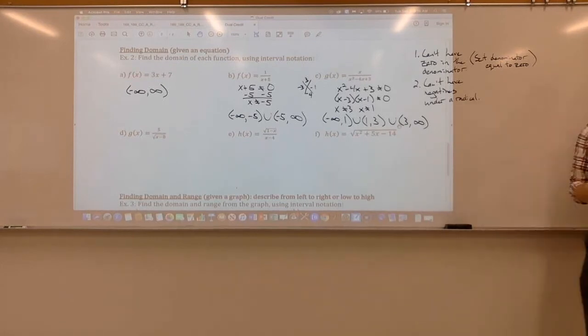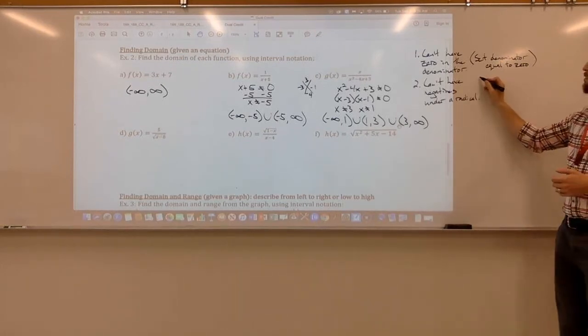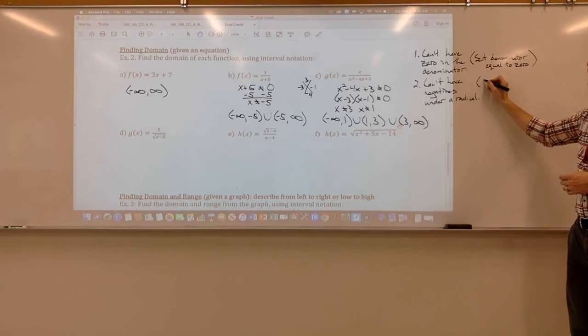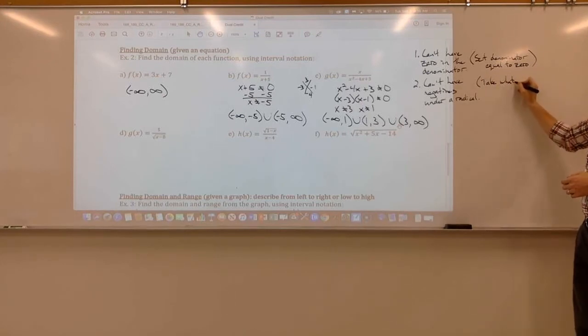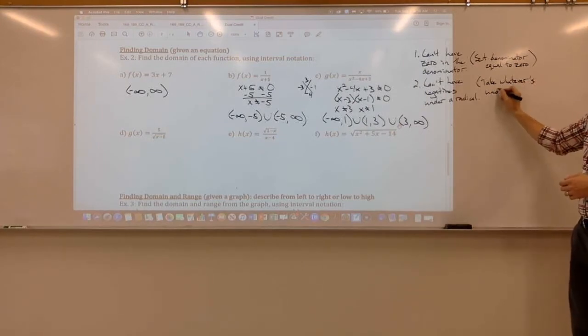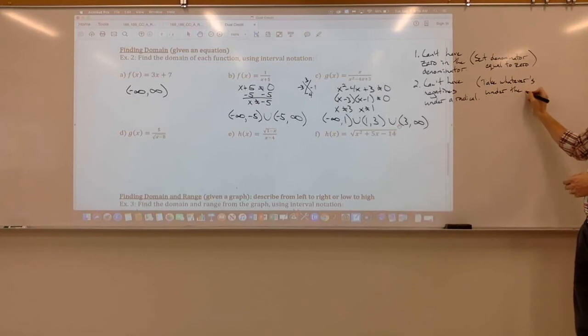In practice, what that means is use an inequality. Take whatever's under the radical and say that has to be greater than or equal to 0.